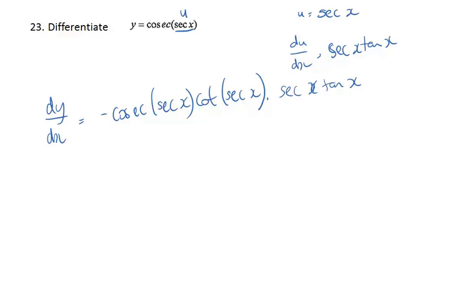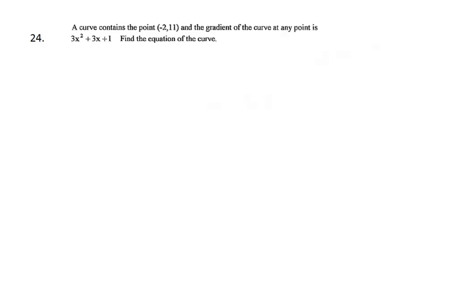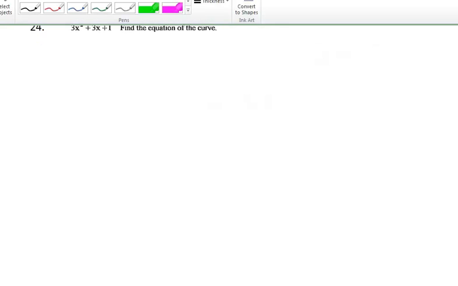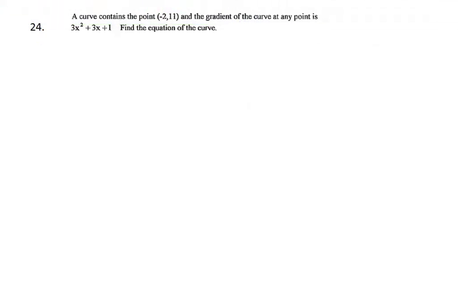Okay, so moving now to 24. We've got a few bits of information in this. Our curve contains the point -2, 11, and the gradient of the curve at any point is 3x squared plus 3x plus 1, and we want to find the equation. So we know our gradient, our dy on dx, is 3x squared plus 3x plus 1. We're wanting to find our equation.